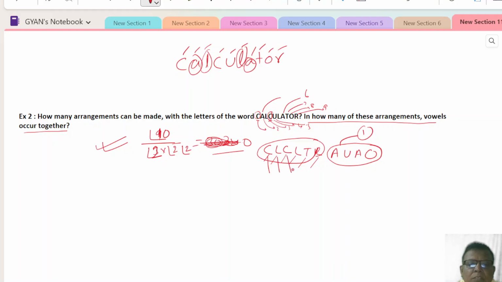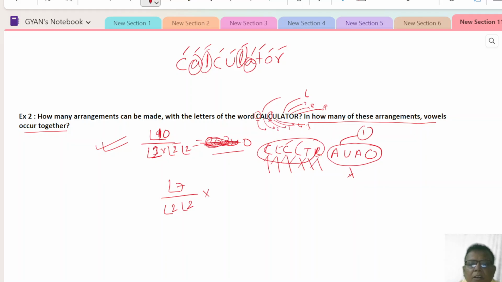One, two, three, 4, 5, 6, and this is 7. So total will be factorial 7 divided by C is 2, L is 2: factorial 2 into factorial 2.